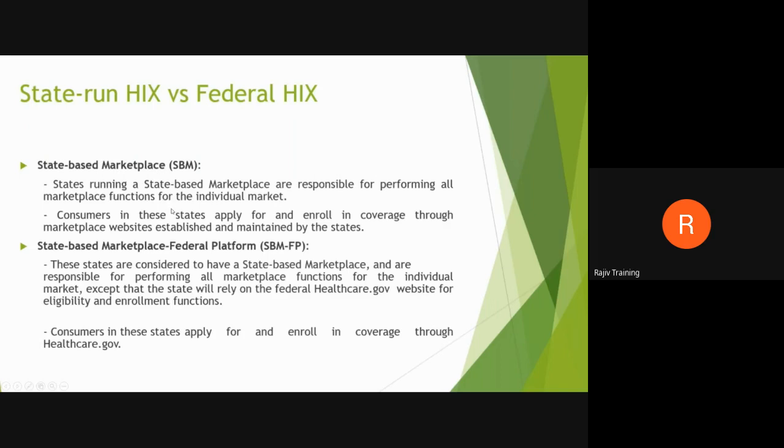Consumers in these states apply for and enroll in coverage through marketplace websites established and maintained by the states. Basically, this is the state level. And next is the federal level.